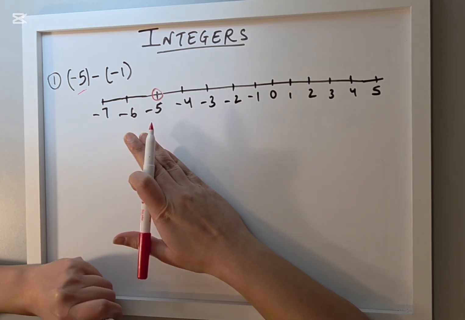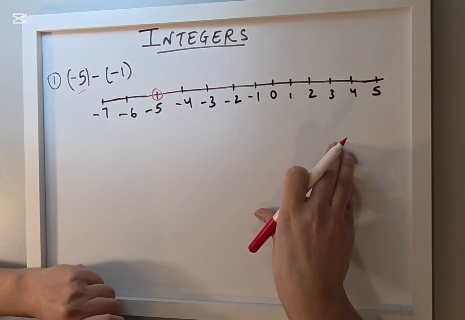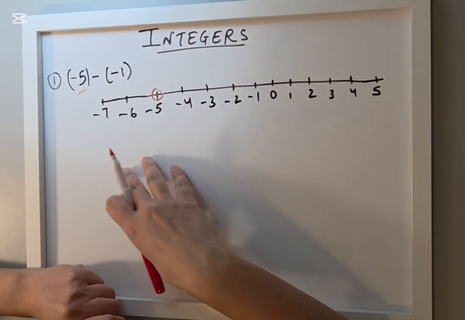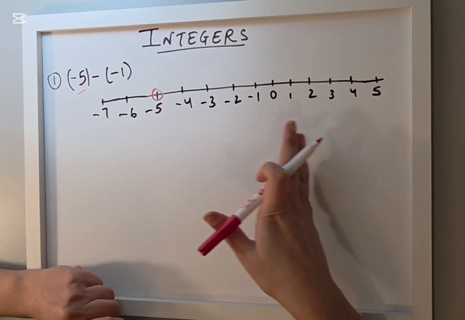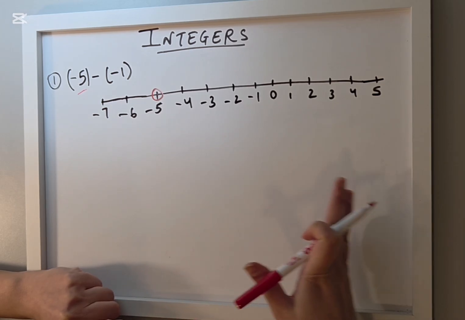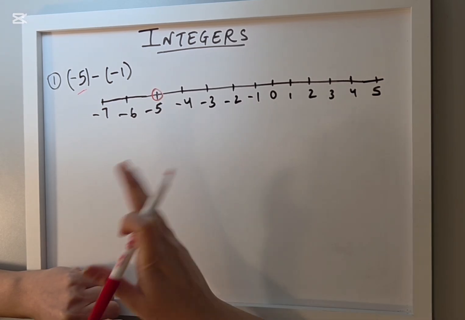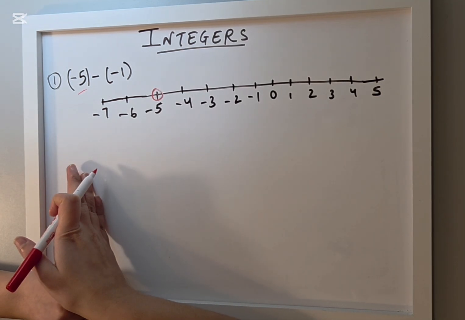So always remember, whenever we are adding, we go towards the right of the number line because adding makes the number bigger, and we know the numbers on the right side of the number line become higher. Whenever we subtract a number, we go towards the left of the number line.